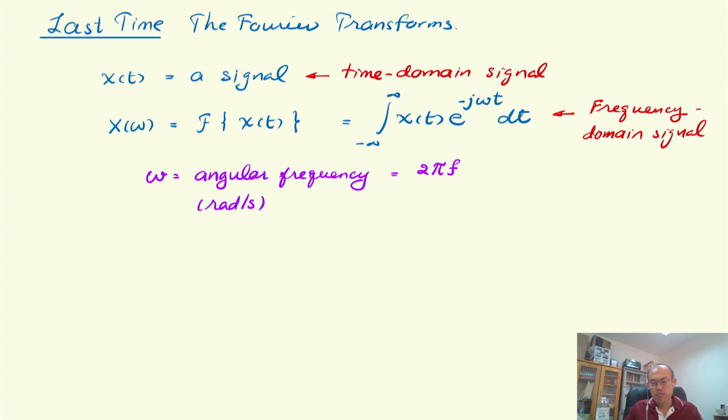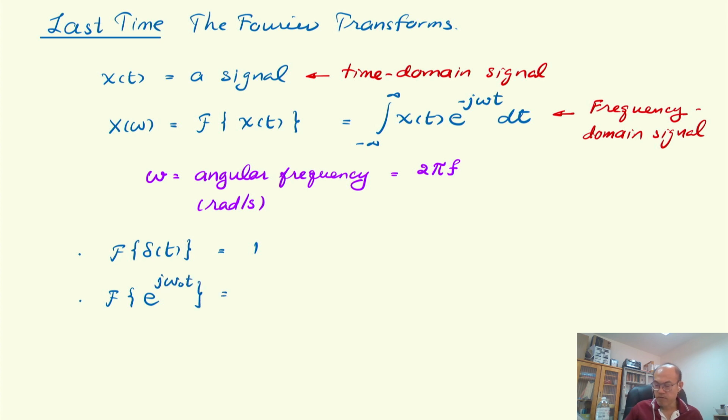Now we were able to evaluate the Fourier transform of a couple of signals. The first signal to mention is the unit impulse. The Fourier transform of the unit impulse was shown to be just one. It's a constant. Second signal of interest was the complex exponential.